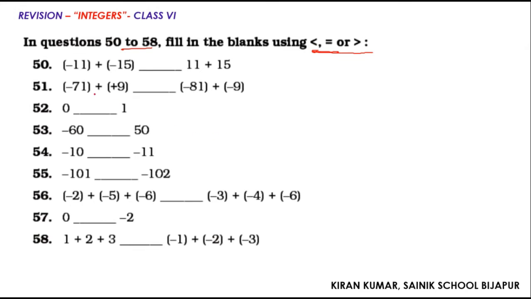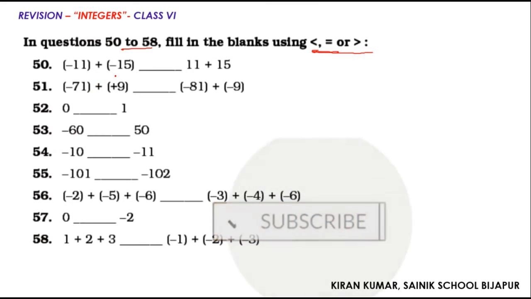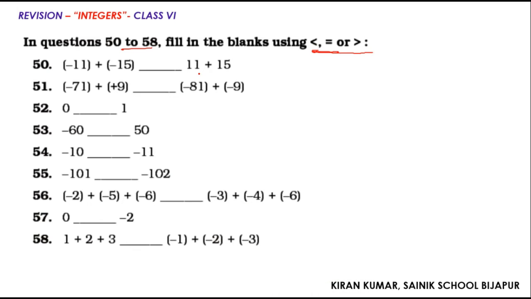Here in the 50th question we have negative 11 added to negative 15. On the other side we have positive 11 added to positive 15. Whenever negative 11 is added to negative 15, we get the sum as negative 26.